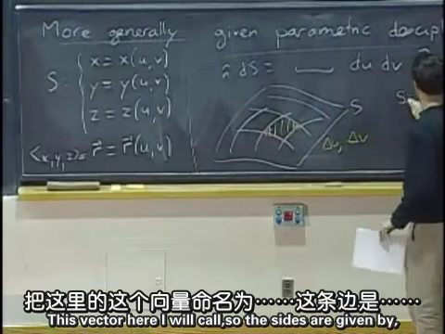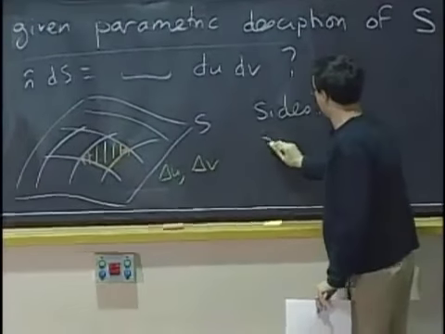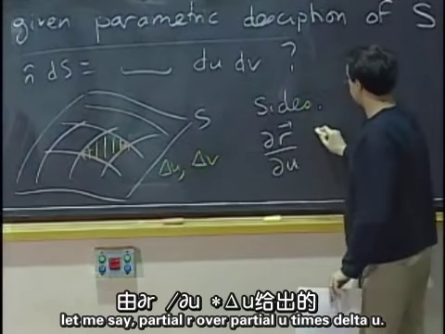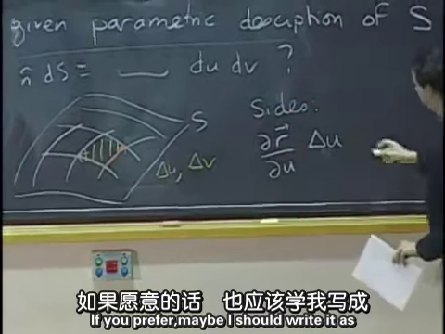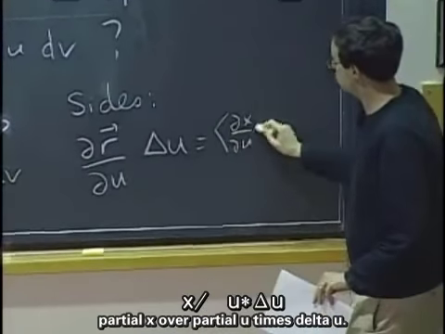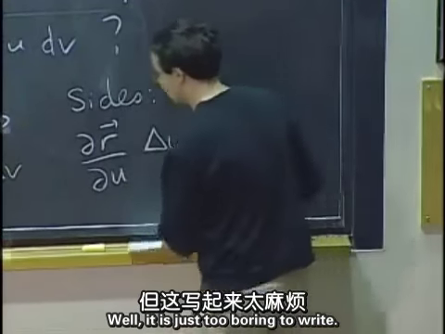so the sides are given by partial r over partial u times delta u. If you prefer, maybe I should write it as partial x over partial u delta u, partial y, and so on. Well, it's just too boring to write.